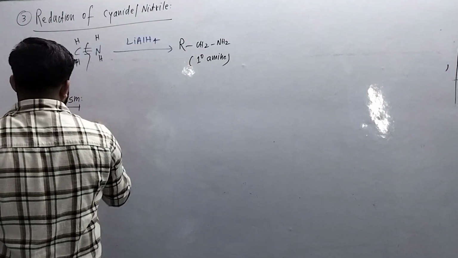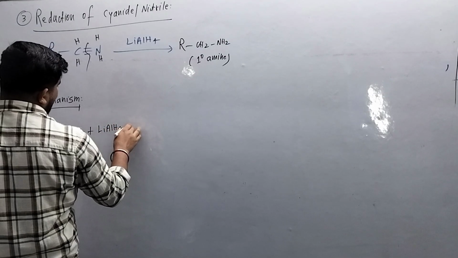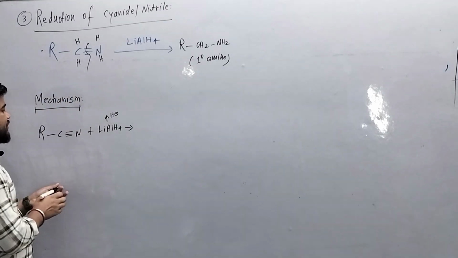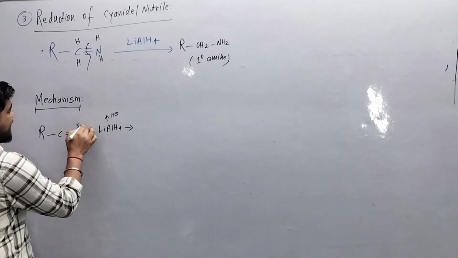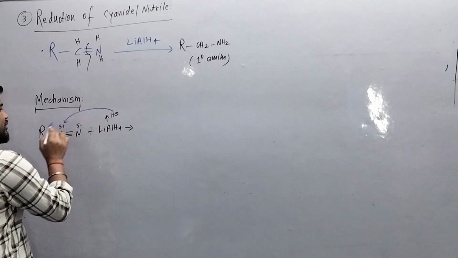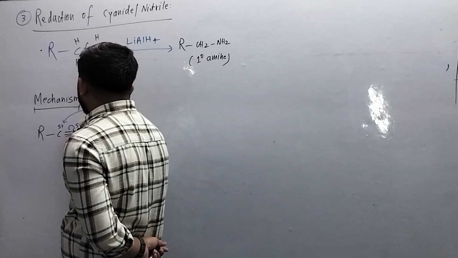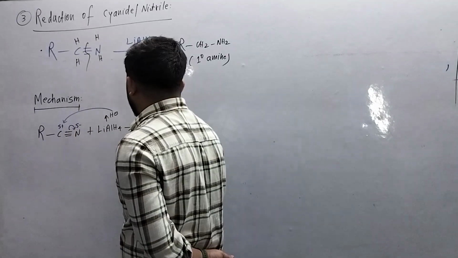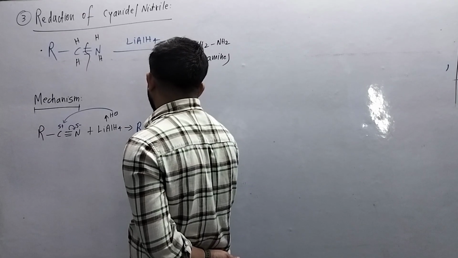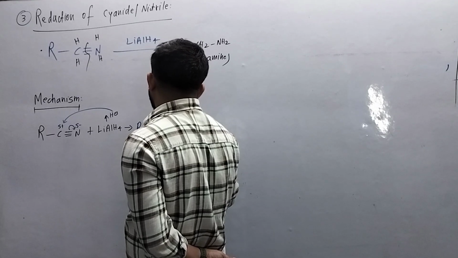At first, LiAlH4 releases H-. Due to the difference in electronegativity, delta minus and delta plus, H- will attach to delta plus, one bond will be broken and the electron will be transferred to nitrogen, and our intermediate product will look like RCH=N with delta minus.